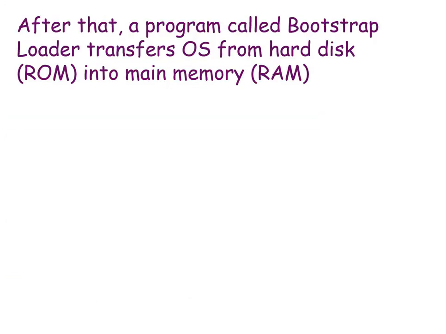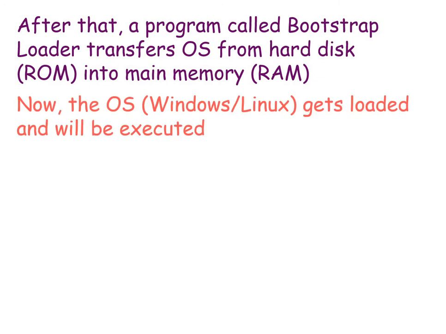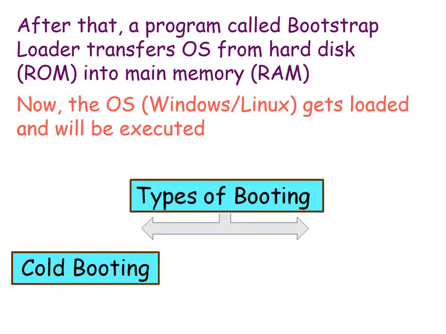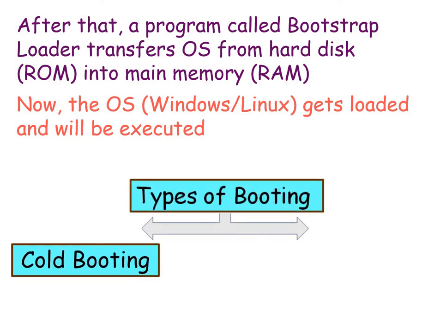After that, a program called Bootstrap Loader transfers the operating system from hard disk into main memory. Now, the operating system gets loaded and will be executed. There are two types of booting, cold booting and warm booting.